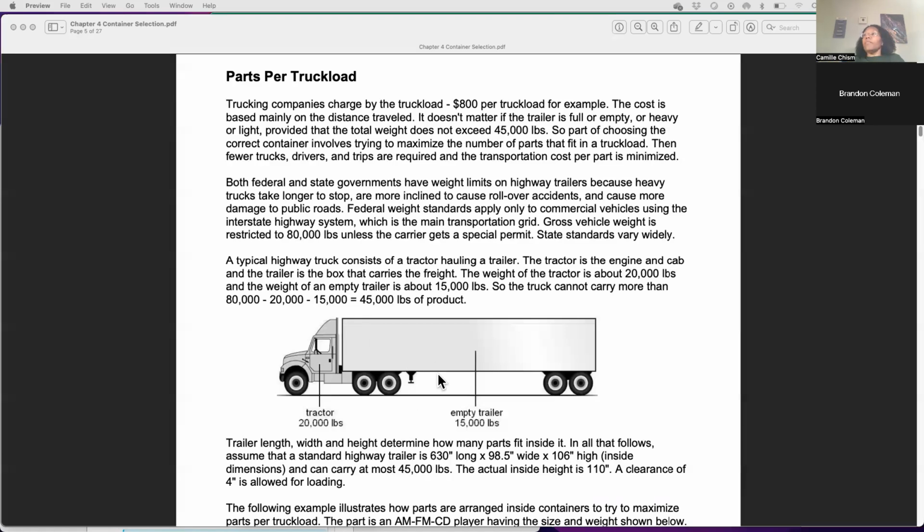as well. So here is where you've got your tractor and then you've got your trailer, and empty alone is 15,000 pounds. So remember here, we talk about the 45,000 pounds. You already have this empty trailer. You can see how much the trailer and the tractor alone is at 35,000 pounds.